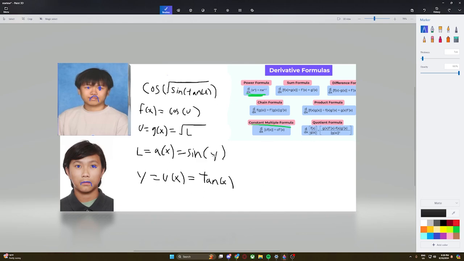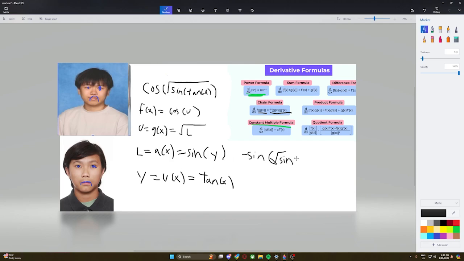Seconds up. Alright. So, look at the chain rule. F of x, g of x means f prime g of x, g prime x. So, basically, derivative of cosine is negative sine. And the inside function u, or g of x, is square root L. And L is the a of x, which is sine of y.